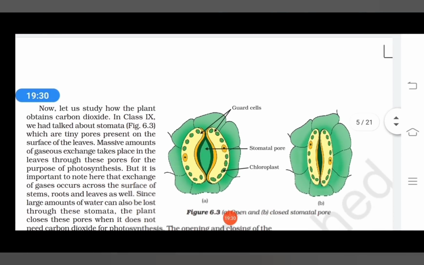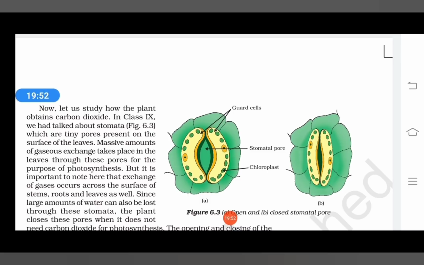Okay, we will move on next. Now we will study how the plants obtain carbon dioxide. In class 9th we talked about stomata. Stomata are tiny pores present on the surface of leaves. A massive amount of gaseous exchange takes place in the leaves through these pores for the purpose of photosynthesis.